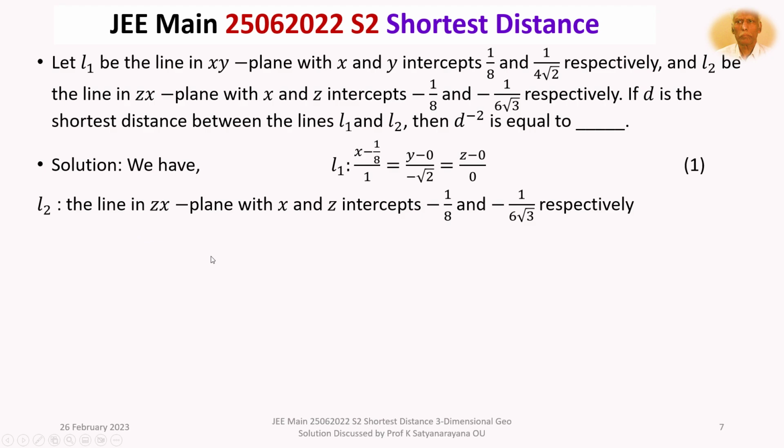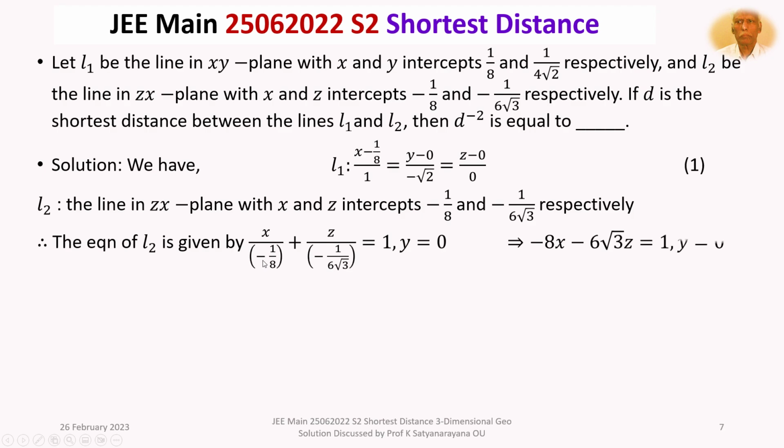Therefore, the equation of L2 is given by x by x intercept plus z by z intercept is equal to 1, and since it is the zx plane, y is equal to 0. So you will get x by minus 1 by 8 plus z by minus 1 by 6 root 3 is equal to 1.